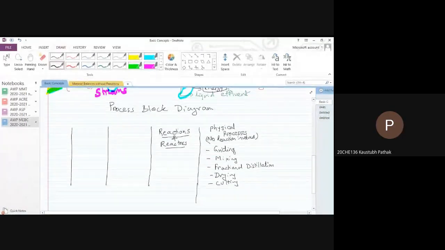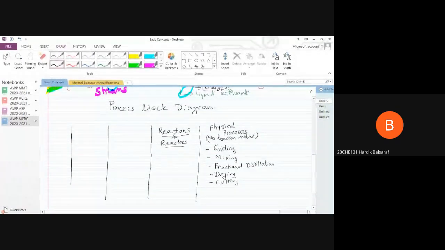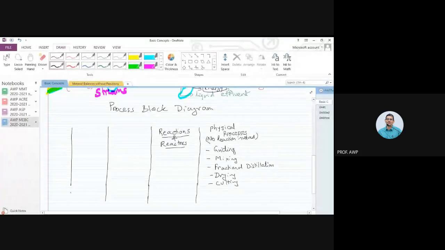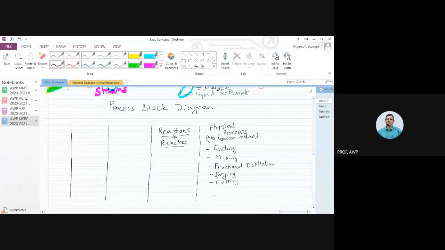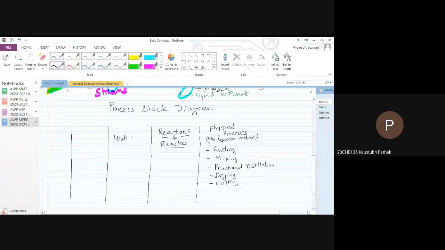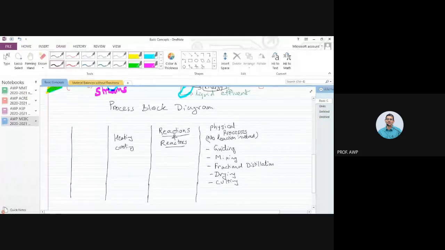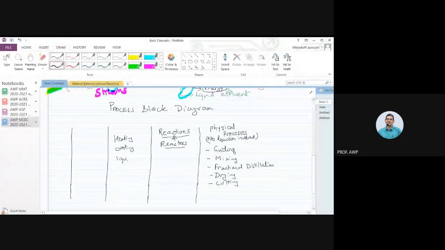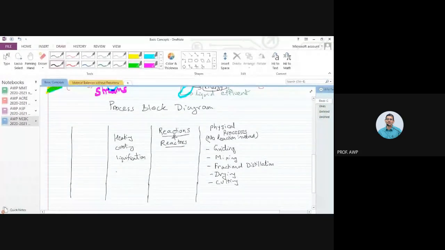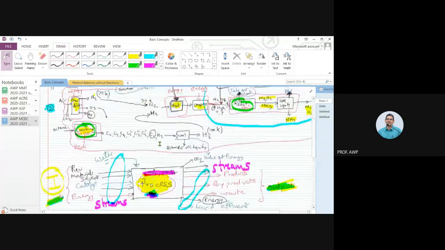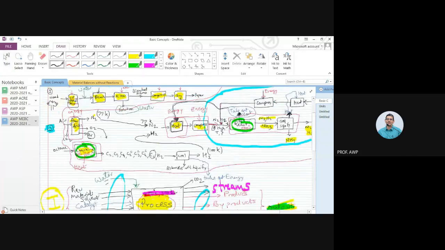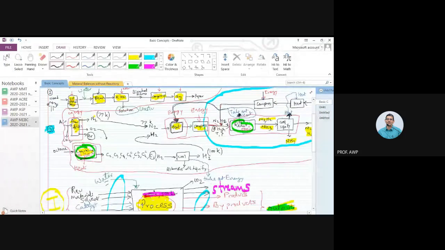Now, although you have been saying heating, cooling, I have not been writing all of that. Let me write that in another category: heating, cooling, liquefaction. The reason I'm writing that in a separate box is because I require heat for the cracking process.